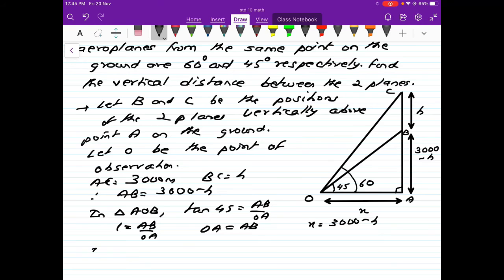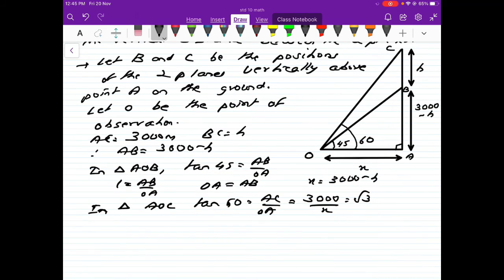Now we will take another triangle AOC. In triangle AOC, if we take tan 60, because 60 degrees is the angle here, tan 60 is given by AC upon OA. So this is 3000 upon X, and the value of tan 60 is root 3. So X is equal to 3000 upon root 3.